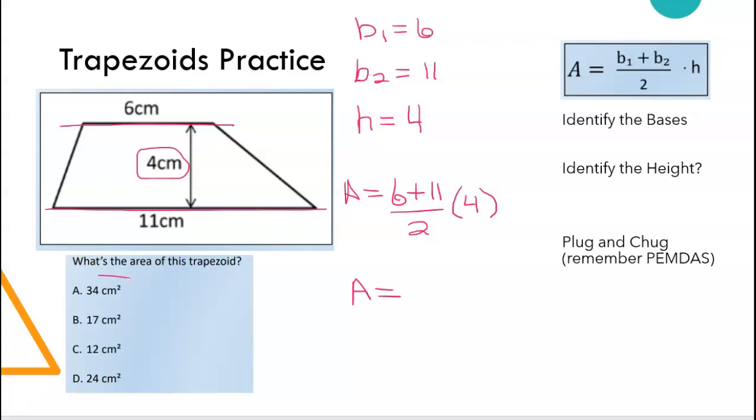You should get 34 centimeters. 6 plus 11 is 17. 17, right?